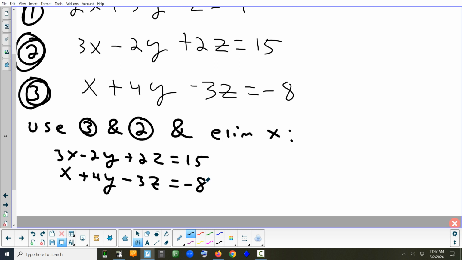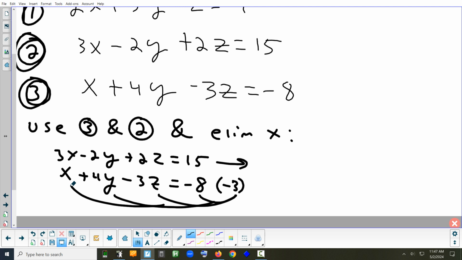All right. So what do we have to do to eliminate x? Yep. Multiply equation 3 by -3. We're going to multiply that bottom one by -3. Okay, what's going to happen to the top one?